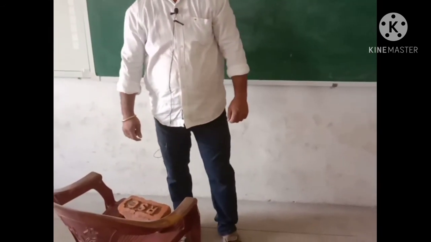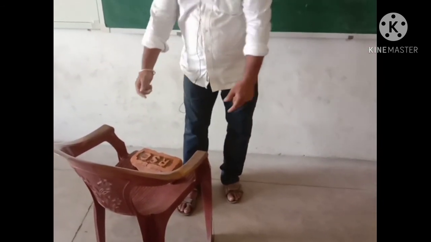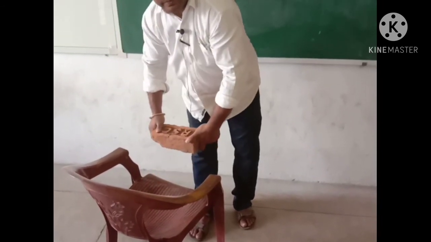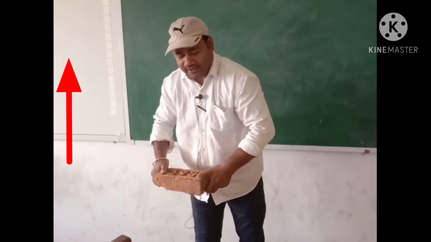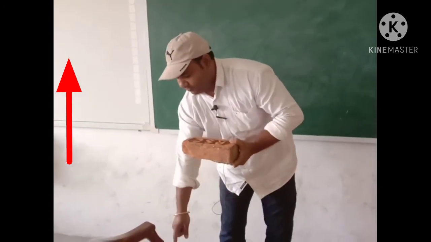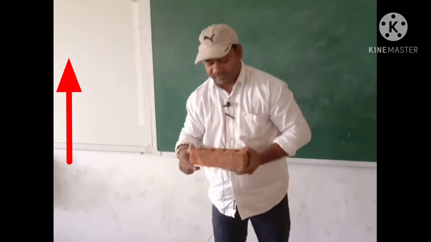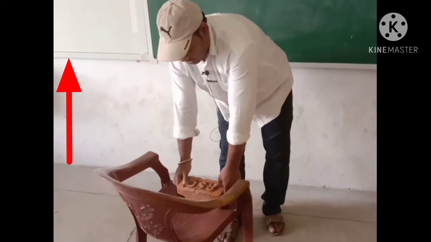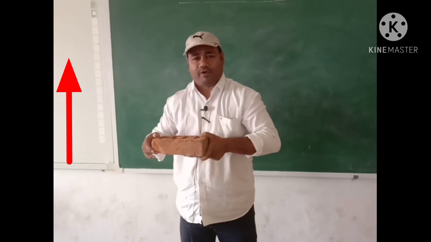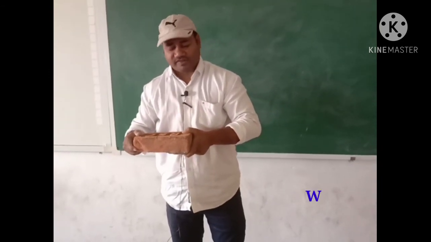What I do, I am applying the force on this brick in the upward direction, and the brick has displaced from this chair to my hand. It means it also displaced in the upward direction. Force is applied in the upward direction and the brick has also displaced upward. So my work done is positive.